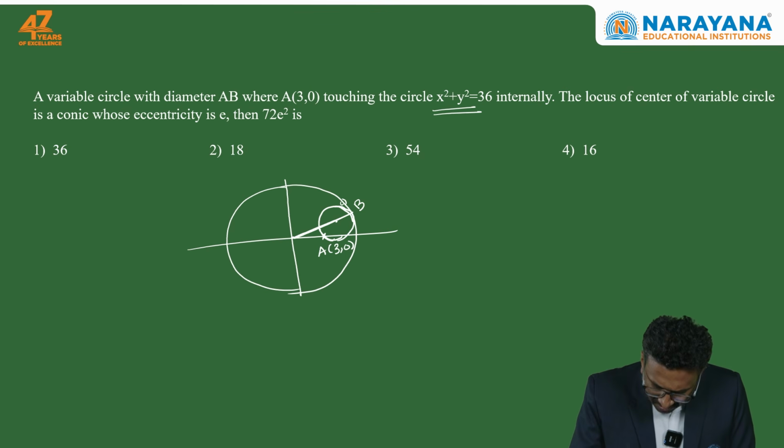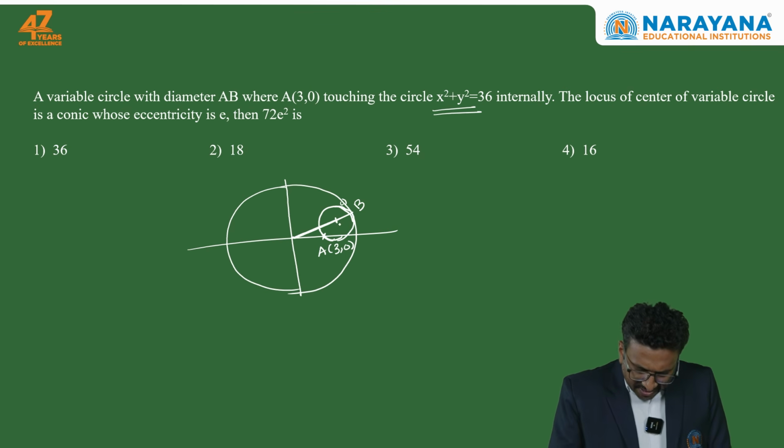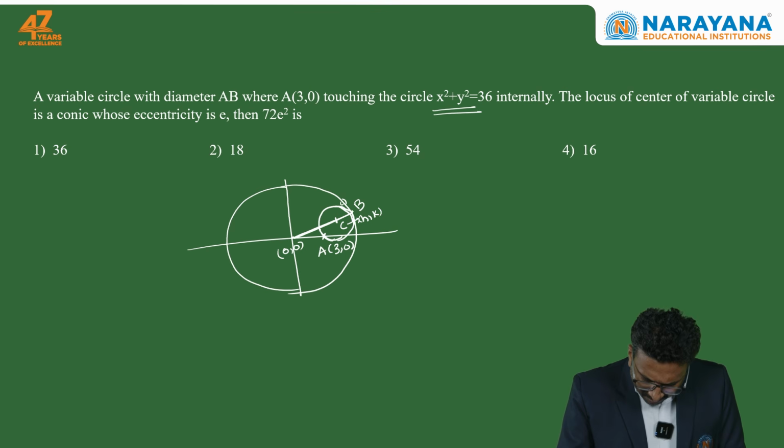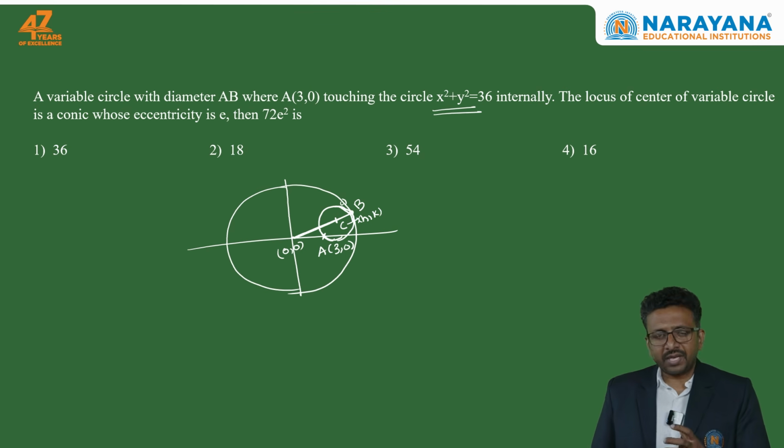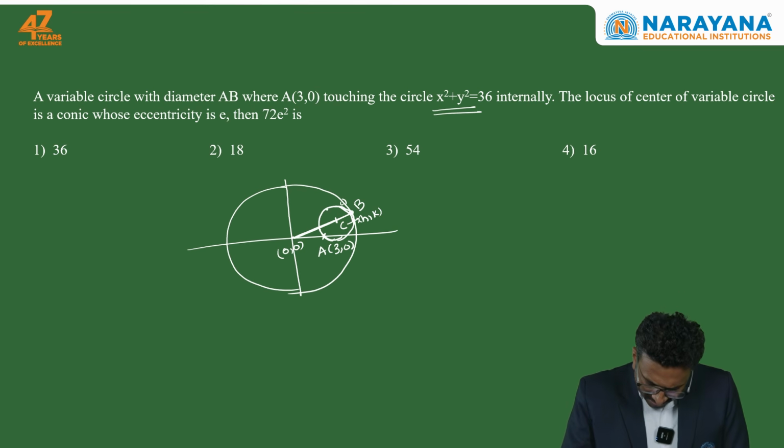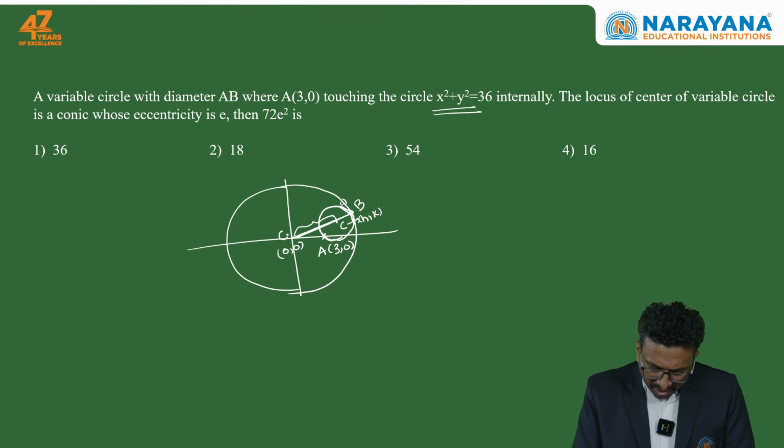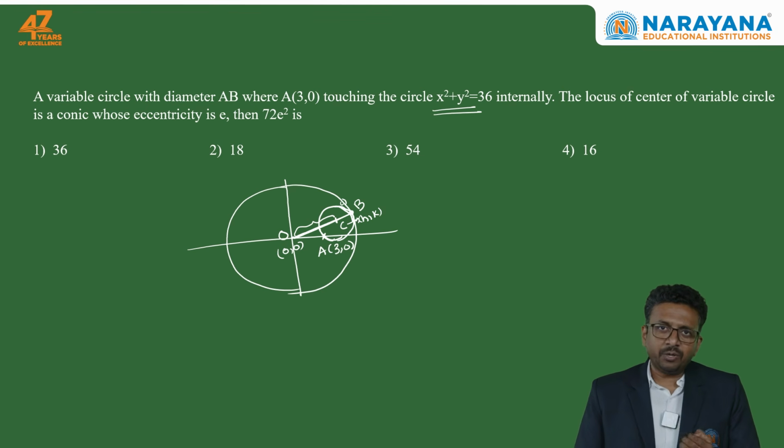That's a theorem that we have. So let us call the center h comma k. The center of the original circle, which is 0, 0, and the point of contact of these two circles are on the same line. And we know that if two circles are touching internally, D is equal to R1 minus R2. So the distance, let us call it OC, is equal to bigger radius minus smaller radius. That's the concept.